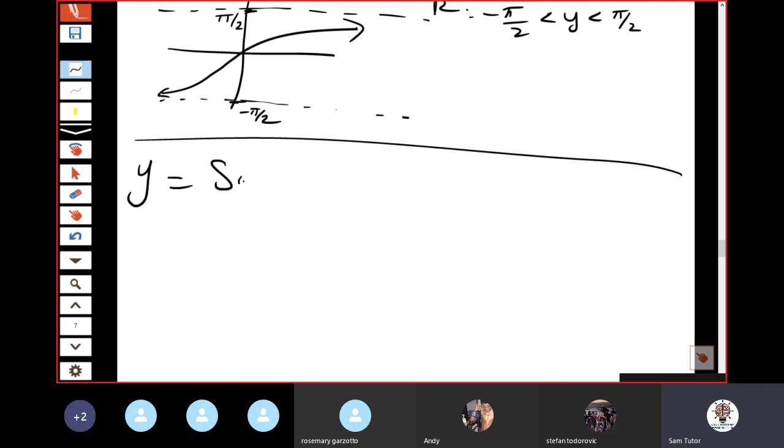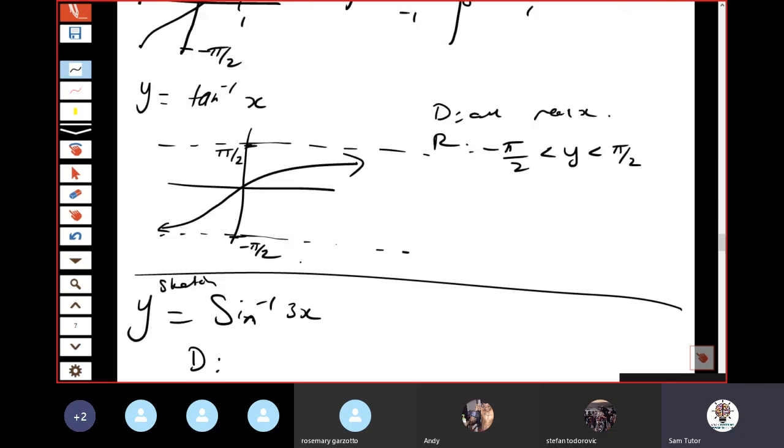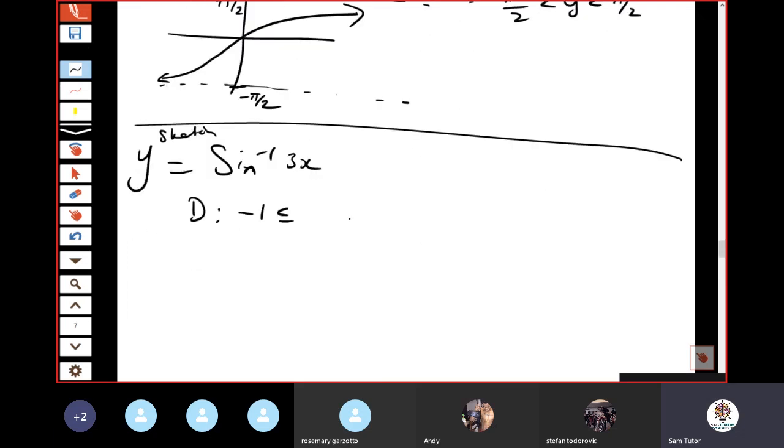You're going to get questions that, for example, will say sketch, or for y equals inverse sine of 3x, find its domain and range. When it's a 3x like this, your domain of your original case, which was -1 to 1, becomes -1 ≤ 3x ≤ 1.